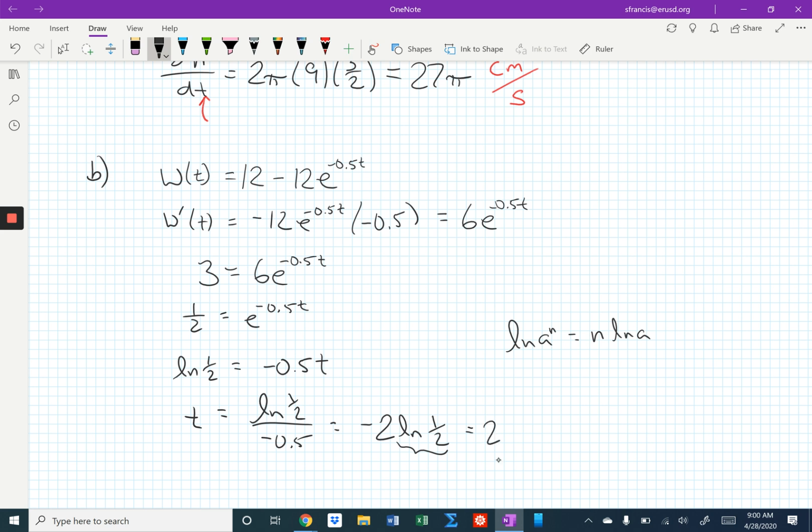This becomes 2 times the natural log of 1/2 raised to the power of negative 1. But that's just 2 natural log of 2, or if you want, you can bring that 2 in also and just have the natural log of 4 as the answer. All those are equivalent. Any one of those would be counted as correct, so you don't have to worry about rewriting any of them. In fact, you could stop way back at the beginning. Many of you did. It's correct, and that's good enough.